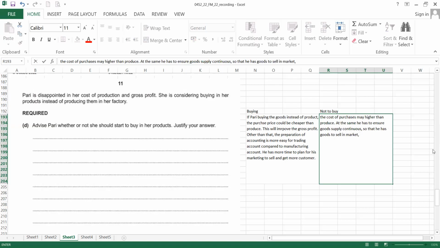There is continue of the supply, and also that he cannot control the quality of the goods produced by other supplier.